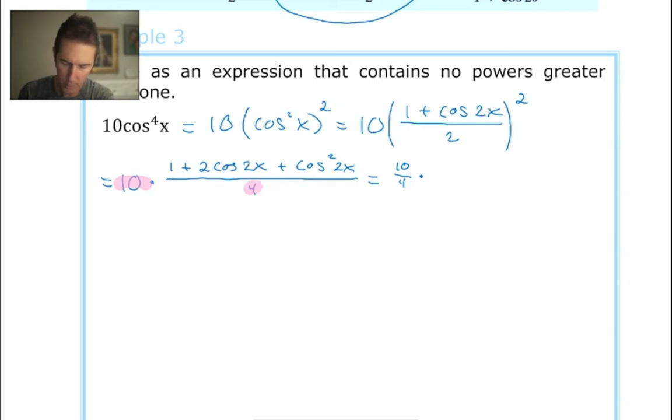I'm going to take this 10 over 4 and distribute it to the 1 and to this term and to this term. Let's see what that looks like. And if you want to write yourself a little note, we could write dist for distribute.